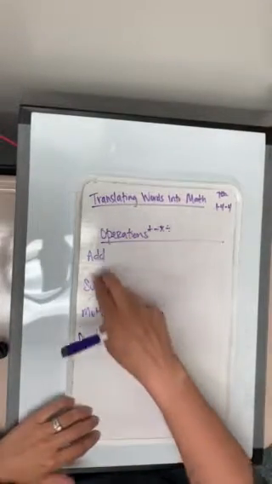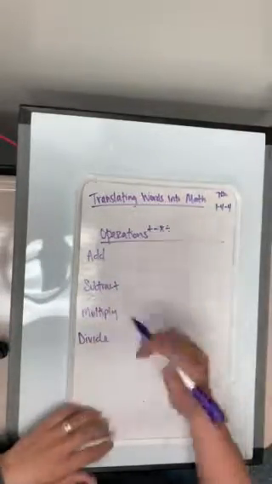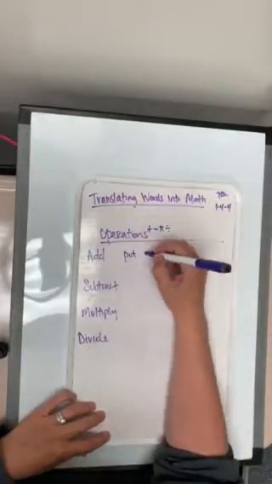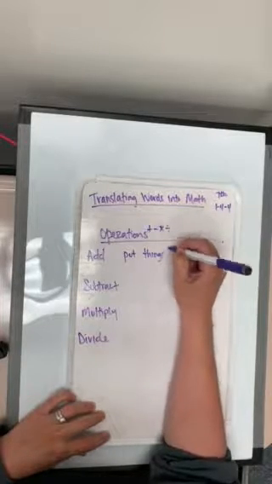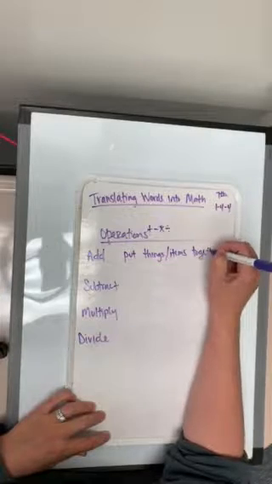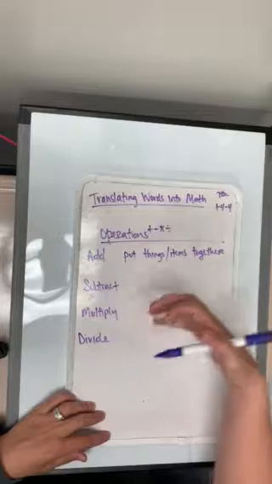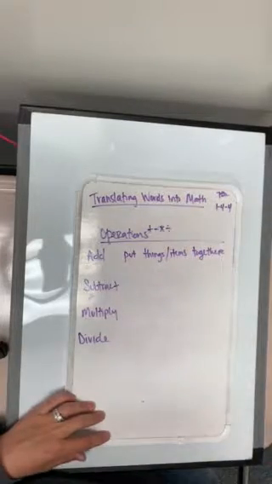Now, when we add things, adding has to do with bringing things together. So we put things or items together. Subtraction is taking things or items away.